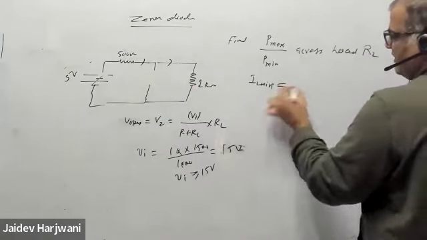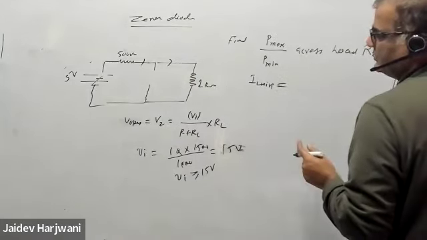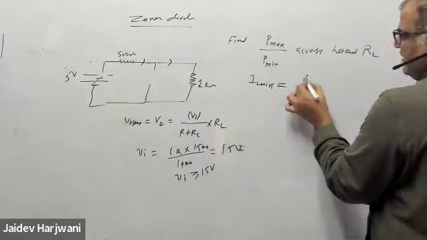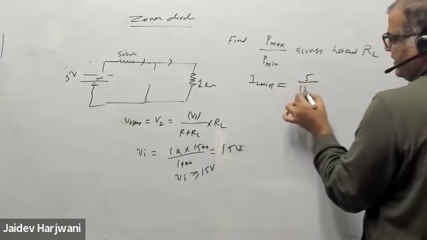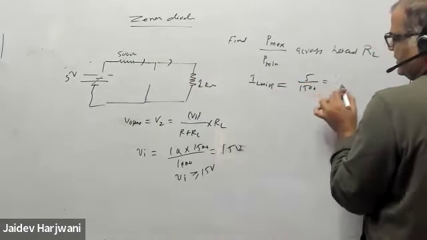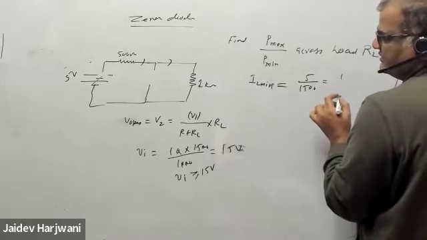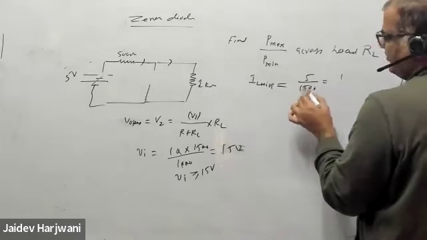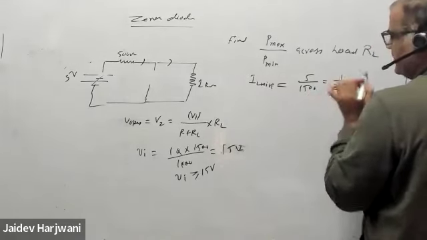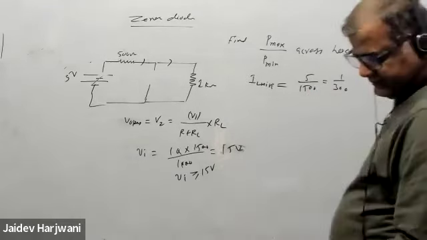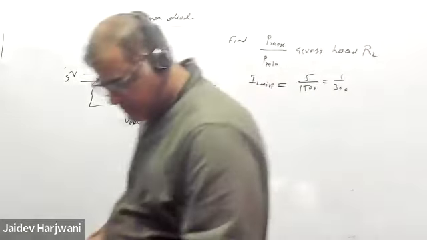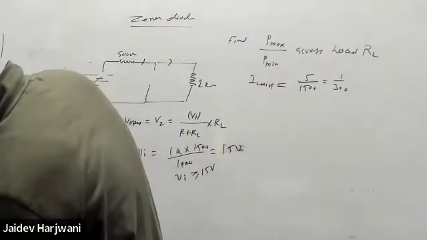So IL minimum will be 5 upon 1500, that is 1 upon 300. Tell me yes or no. Is that correct or not?